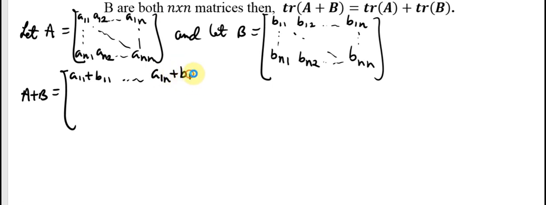A1n plus B1n, and then An1 plus Bn1, and then Ann plus Bnn.